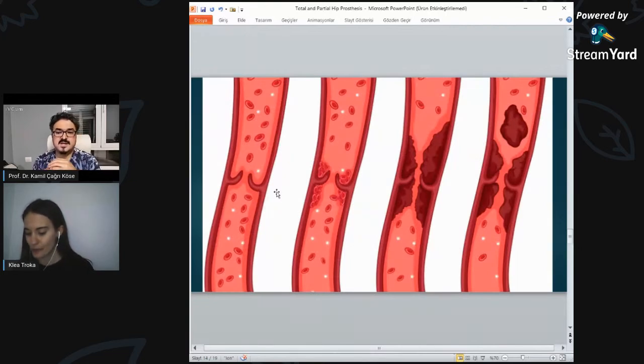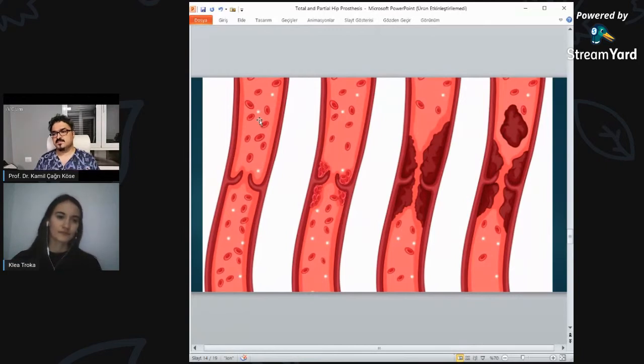So the most frequent and one of the most feared complications of hip replacement is thrombosis, deep vein thrombosis. How does this happen? As we make a surgery in the hip joint, some fat tissue in the bone's medulla can enter into the blood circulation.